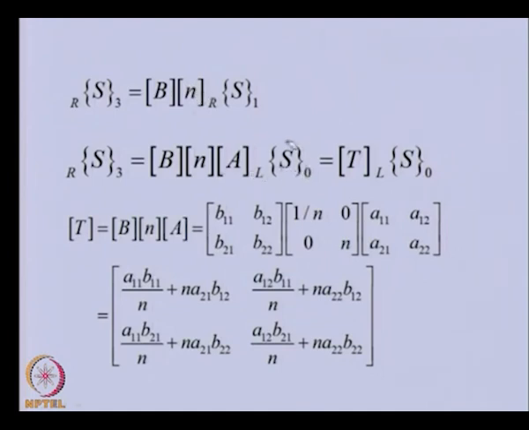Now you can see we have related the state vector of branch A to branch B directly with the gear ratio. This is the overall transfer matrix, and this transfer matrix multiplication is given here.